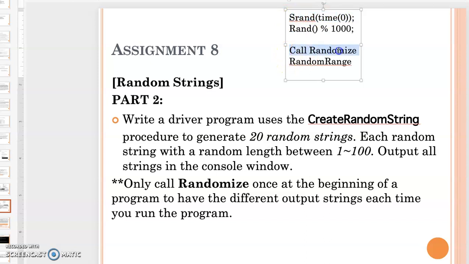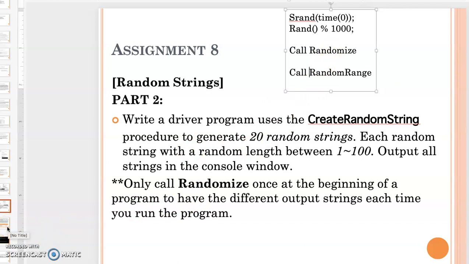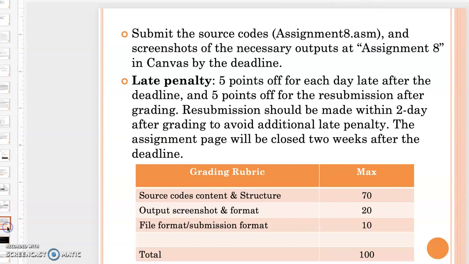Randomize is the same thing, you only call it one time, so they will start from different seeds. Then later when you call your random range, every time you run the program, the results will be different. So on this assignment, I require you to use randomize, so that every time I run your program, your strings should be displayed differently. Yeah, so that's our homework assignment.